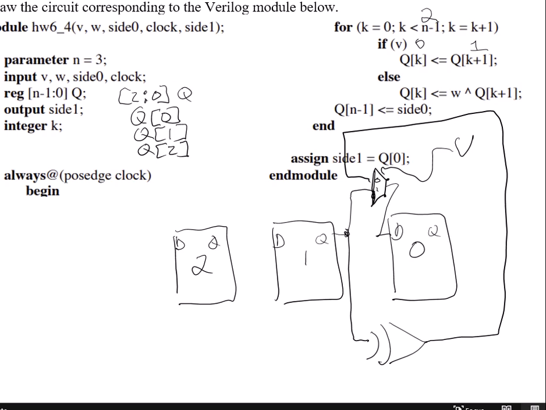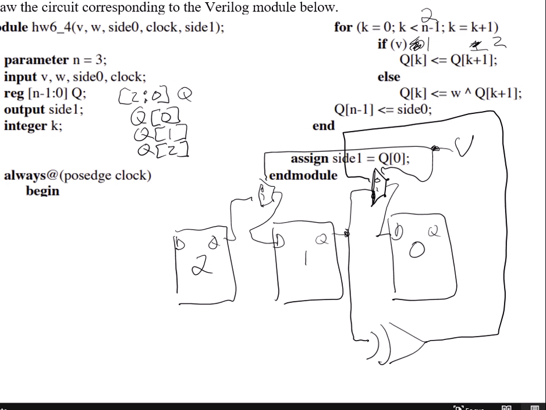So now I go back. That was with k equal to 0. Now with k equal to 1, I have another multiplexer here, and V is my signal for that one as well. And now k is 1. And if V is 1, then Q1 becomes Q2. So Q2 is going to be going into the 1 of that multiplexer.